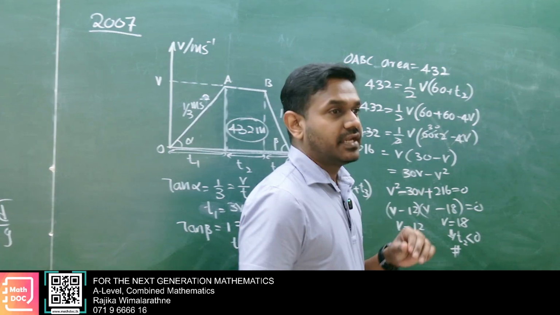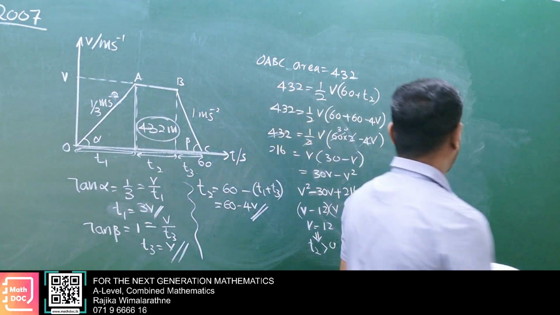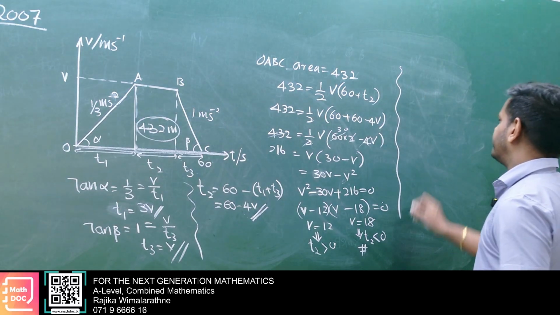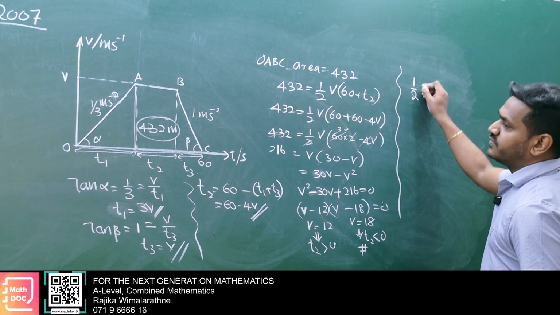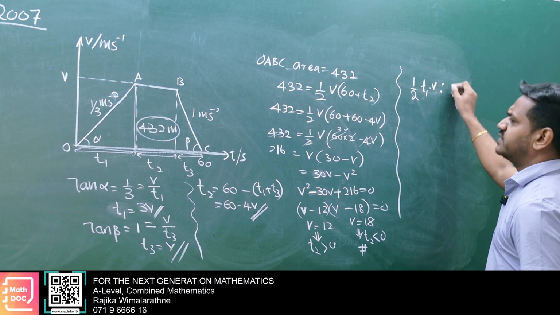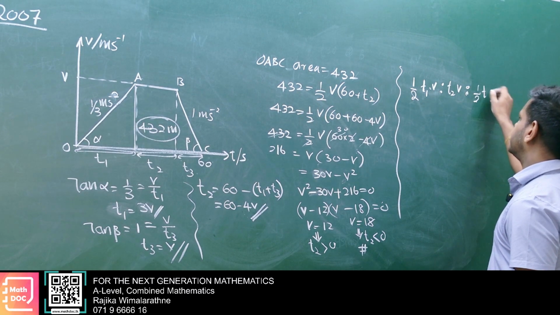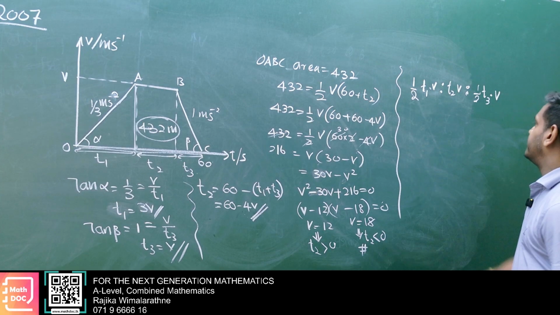Okay, now we know the v value. Now for each stage we have to find the displacement ratio. Displacement ratio: half into t1 into v is to t2 into v is to half into t3 into v.